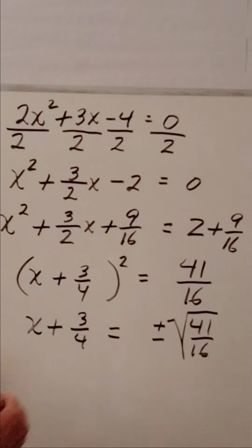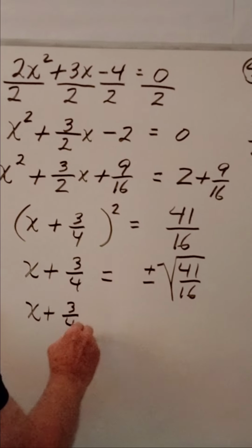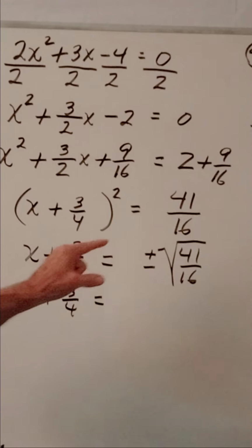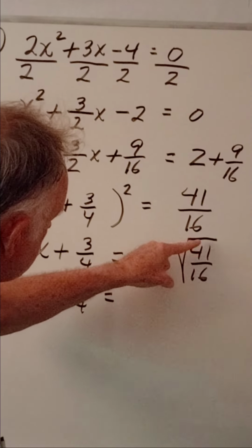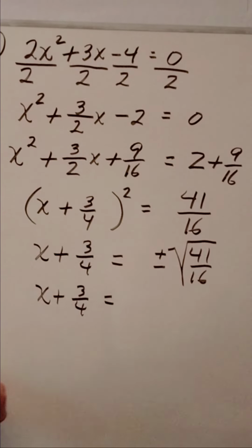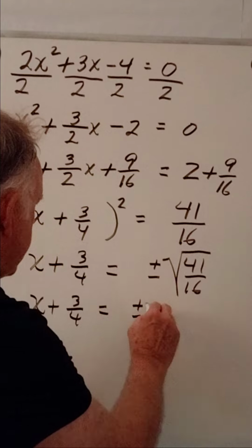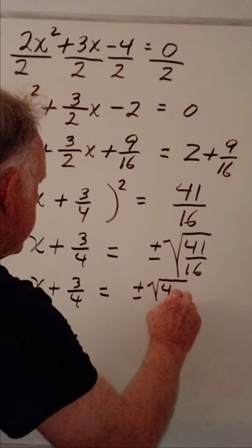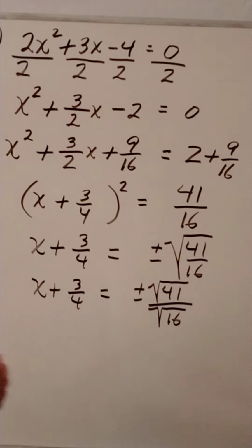Come back to the left-hand side and bring down x plus 3/4, and that will be equal to plus or minus, split this radical expression up because we can't have a fraction in the radicand. So we'll have positive or negative root 41 over root 16.